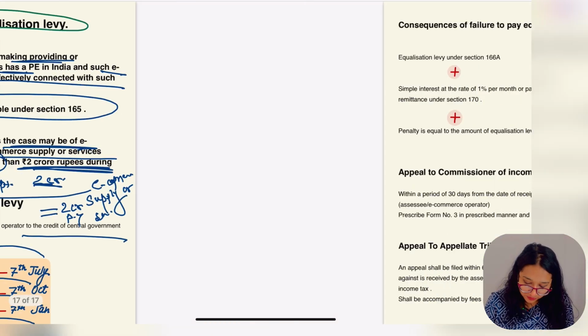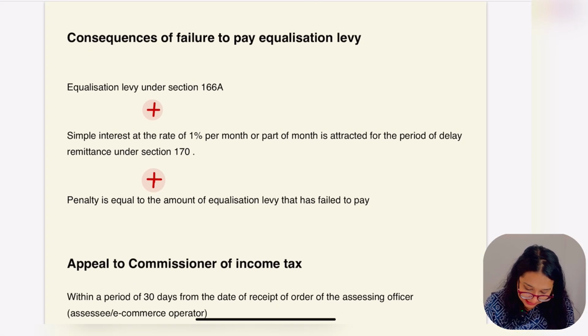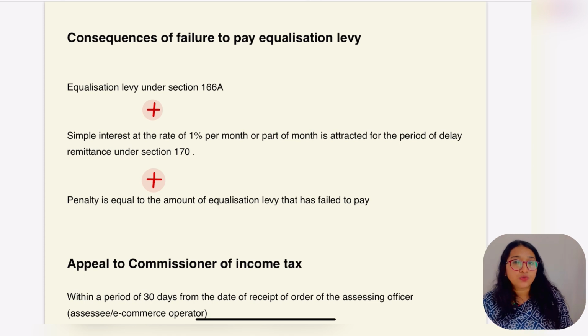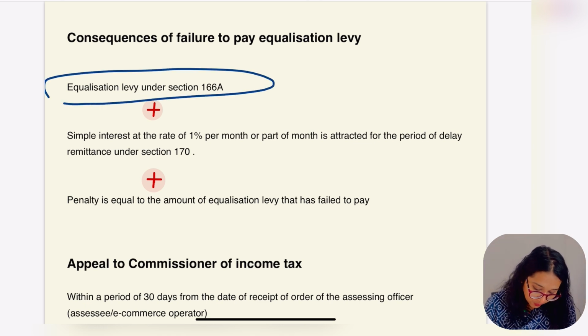Let's go for the next part, which says about the consequences of failure to pay the equalization levy. Okay, what was the consequence in 165? 1% or part of the month, and again 1000 rupees, which is not going to exceed the actual equalization levy amount. So equalization levy under section 166A, same.